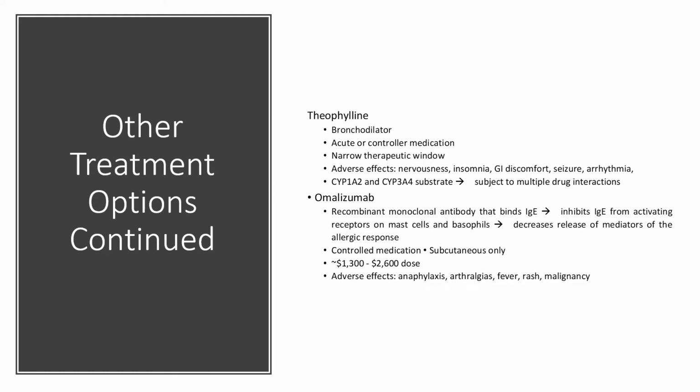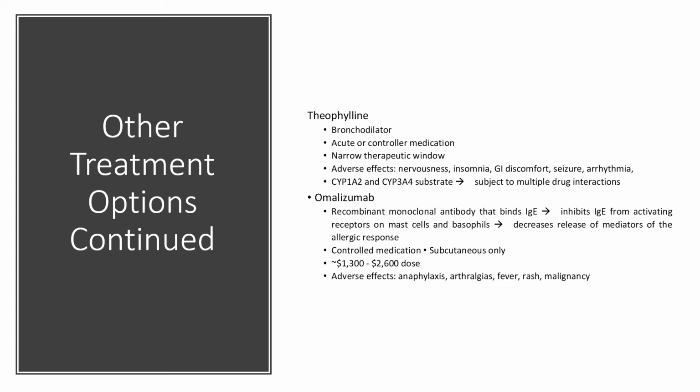Now, here's the one I was talking about before, omalizumab. This is that biologic. It's a recombinant monoclonal antibody that binds to IgE and inhibits it from activating receptors on mast cells and basophils. They're using this in eosinophilic asthma. They use it a lot.